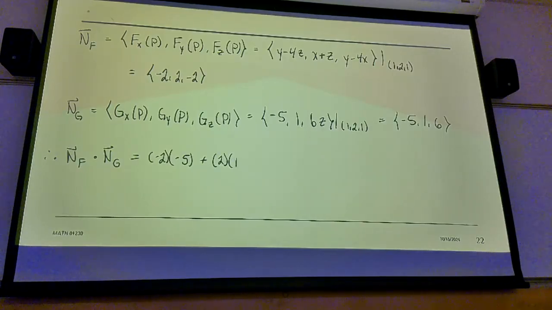Ten plus 2 is 12. Minus 12 is 0. So the normal vectors are orthogonal.